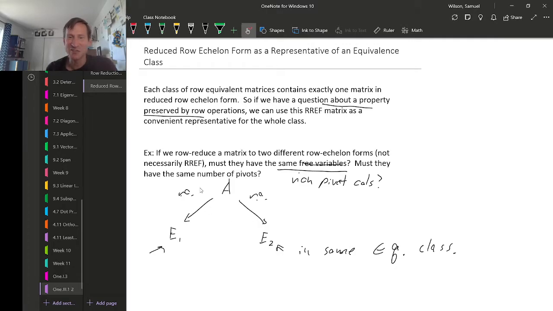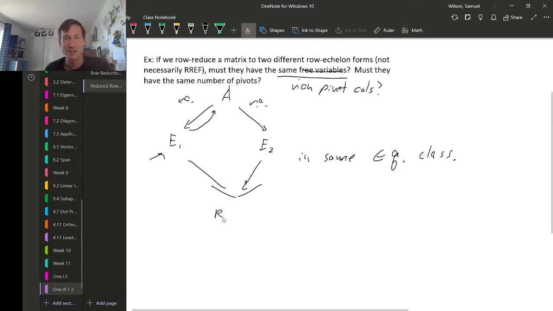So we could get from E1 to E2 by doing row operations, by just undoing these row operations and then going from A to E2 with row operations. Okay, so we know these two are in the same row equivalence class, and that means they have the same reduced row echelon form. So now we can go to the reduced row echelon form.